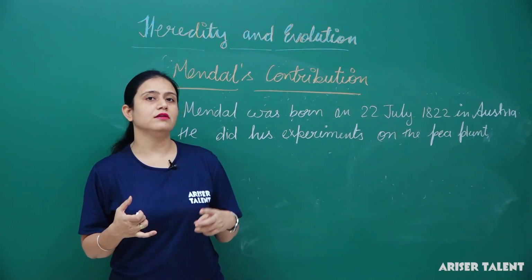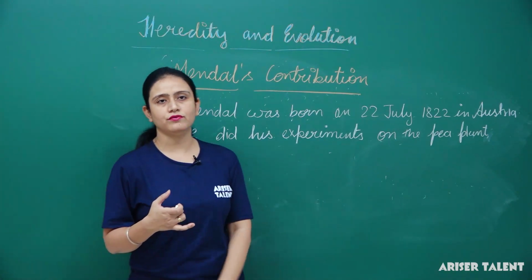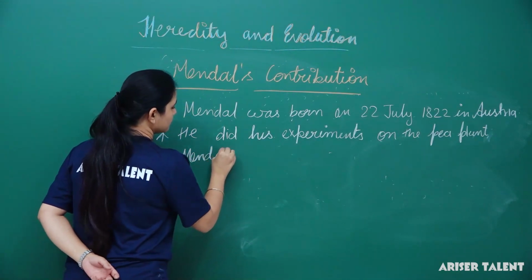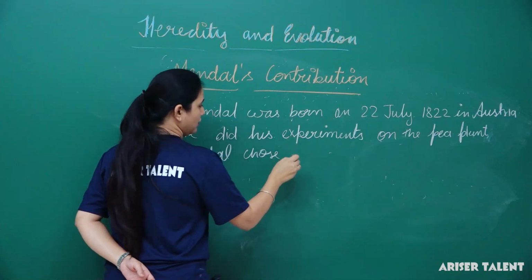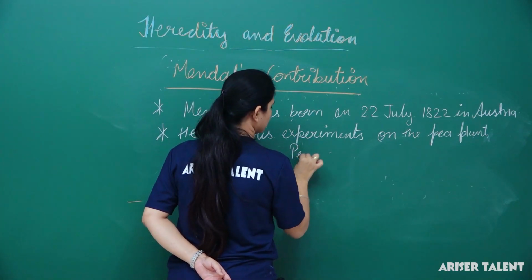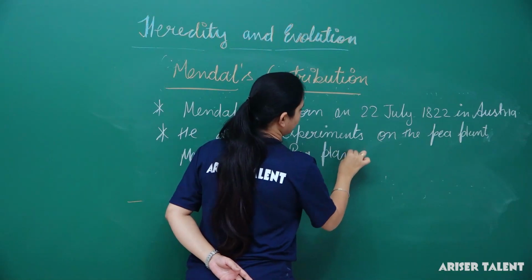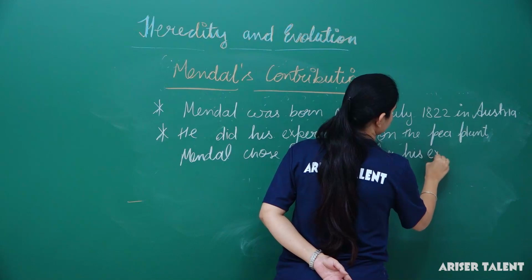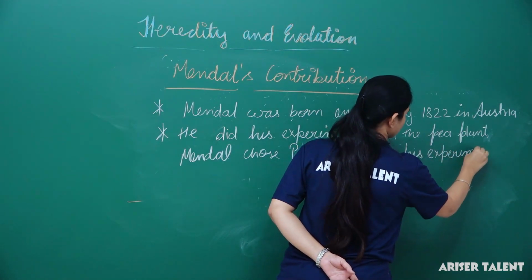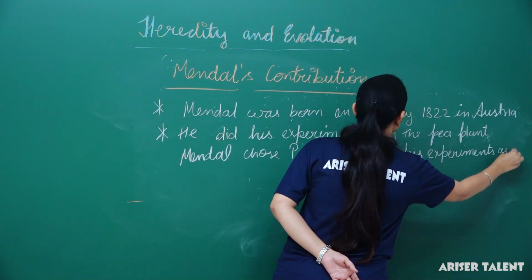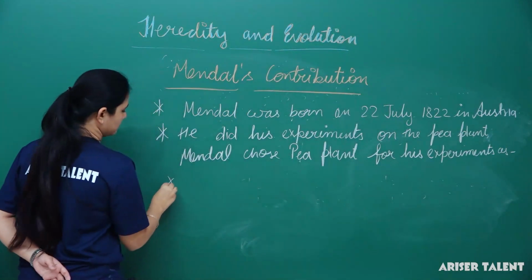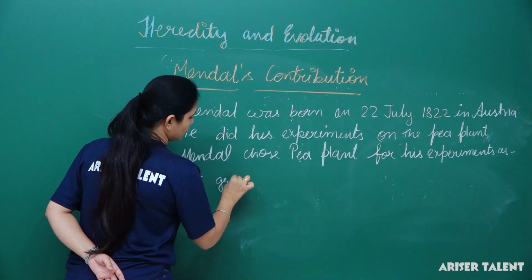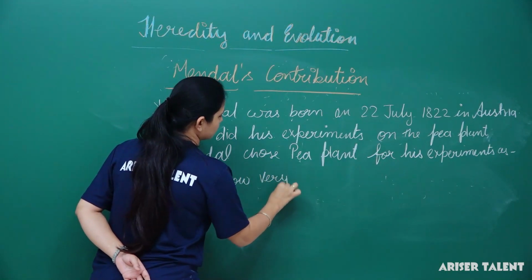So this was the reason that Mendel chose the pea plant for his experiments, as it grows very fast.